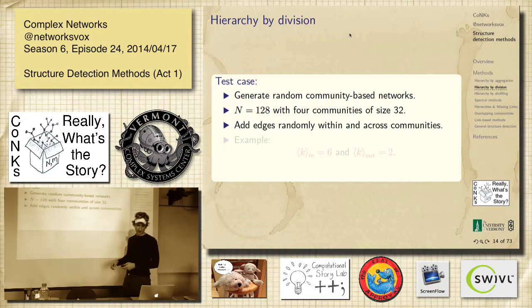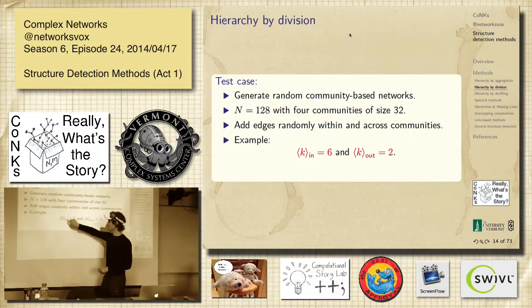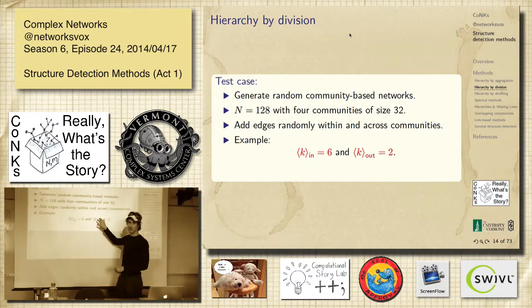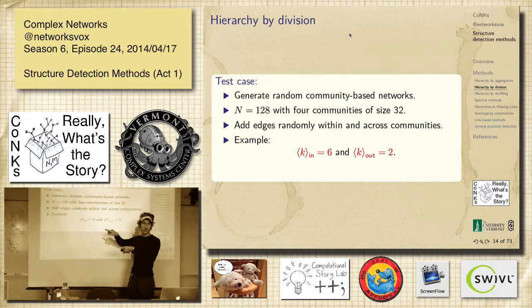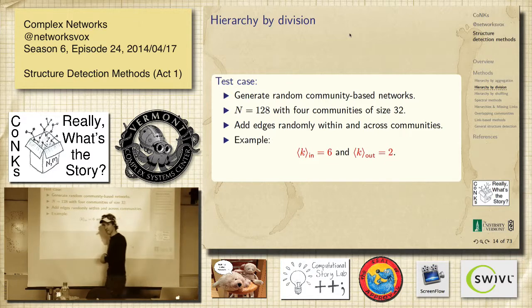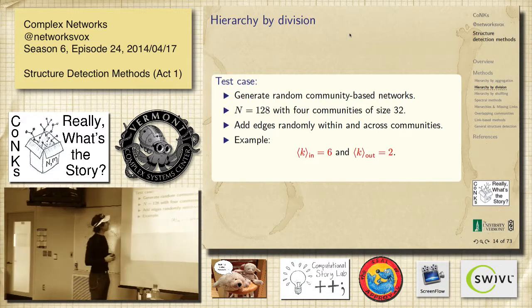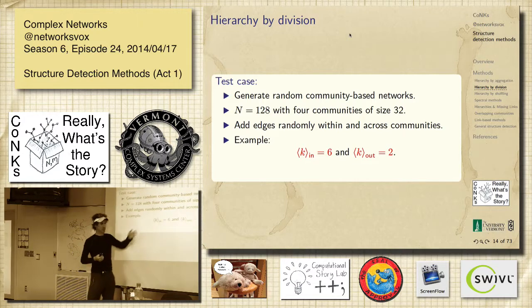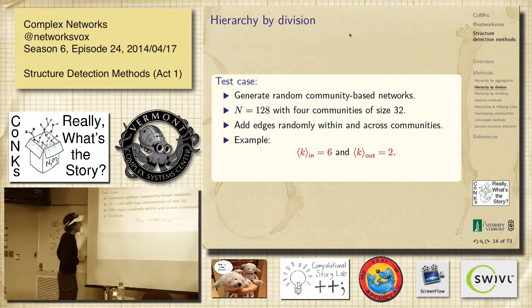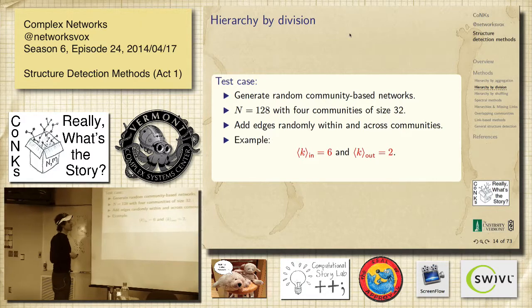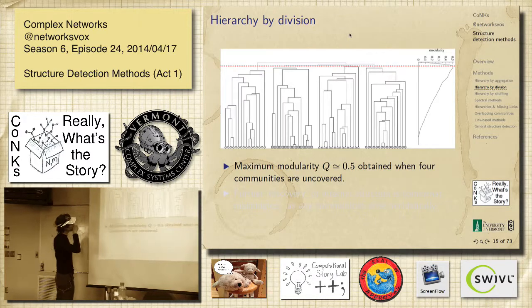The average degree within groups will be 6, and the average degree outside of groups will be 2. So on average, everyone has 8 friends, but 6 of them on average will be inside your community, 2 will be outside. So that should have strong communities. You should be able to find it.